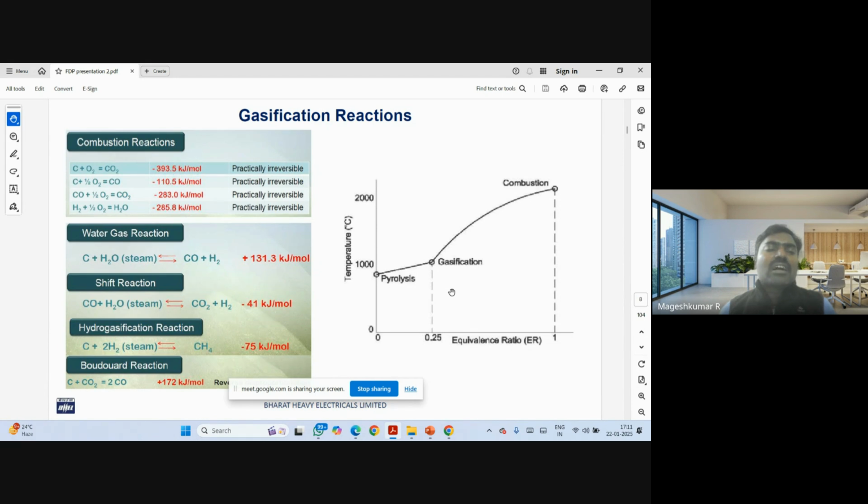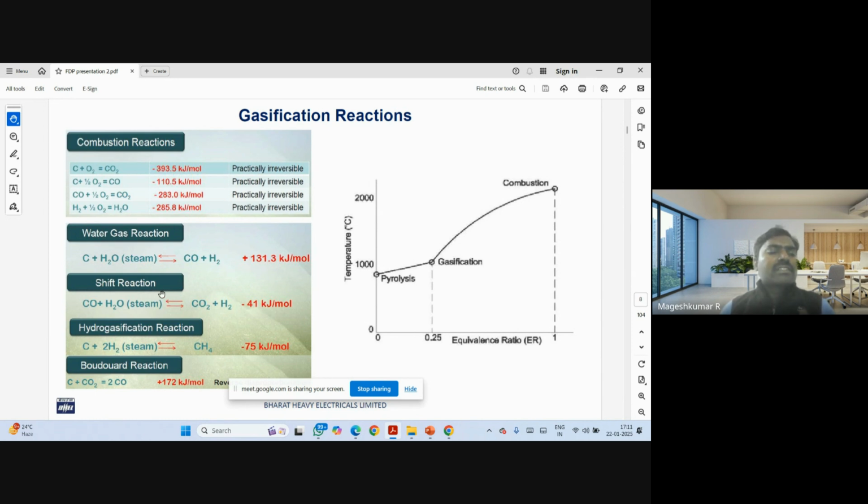Gasified in the sense that carbon along with steam is converted to carbon monoxide plus hydrogen. This process absorbs 131.3 kilojoules per mole of energy for this reaction. Then there is the shift reaction, where carbon monoxide releases heat and combines with steam to form carbon dioxide plus hydrogen.